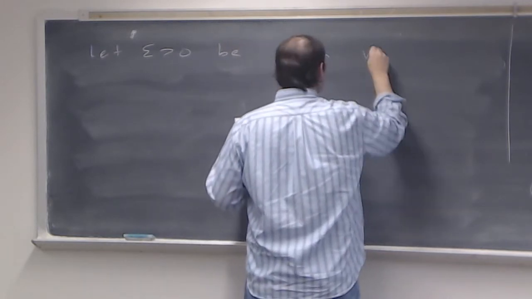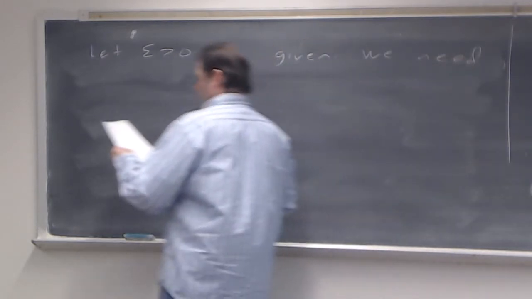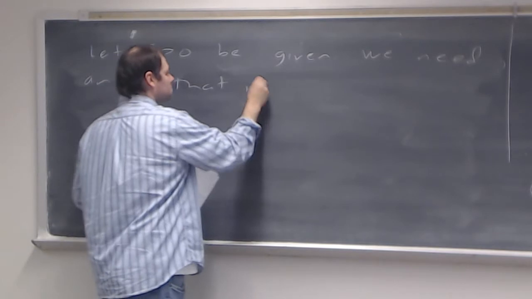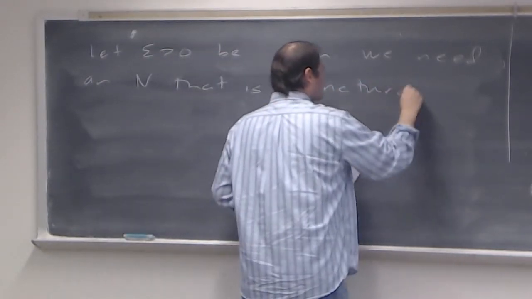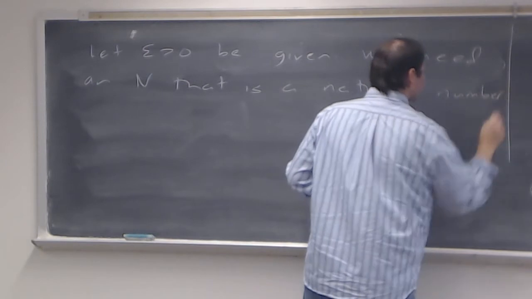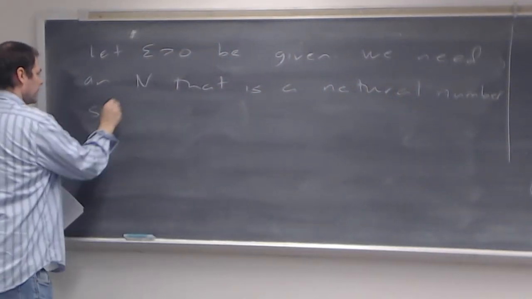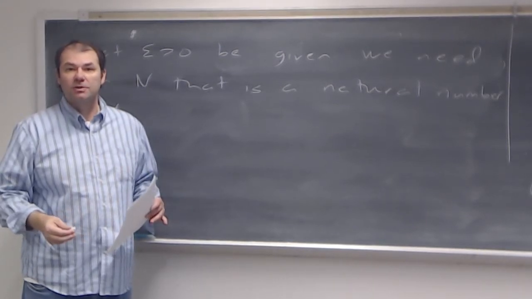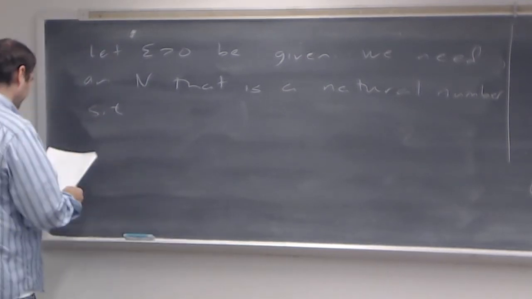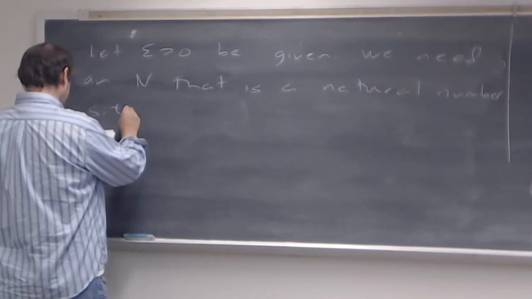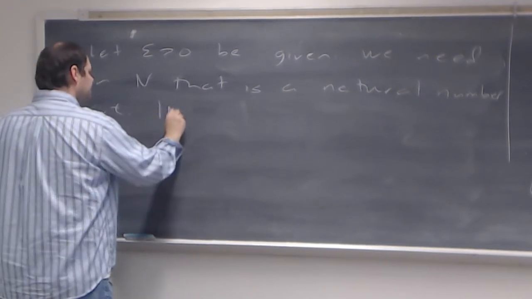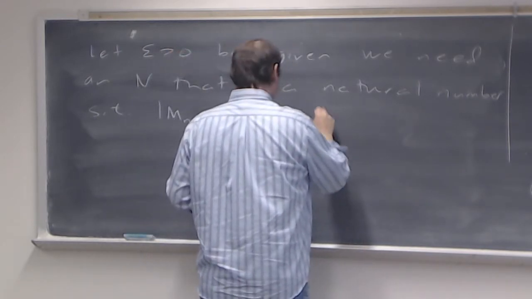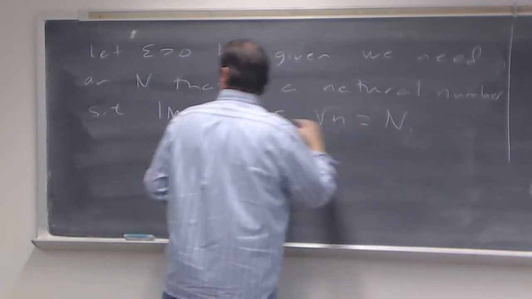We need an N that's a natural number such that, so I'm just using the definition of what it means for a limit of a sequence of real numbers to converge, such that the absolute value of m sub n minus 0 is less than epsilon, and that's for all n bigger than or equal to this big N, our natural number.